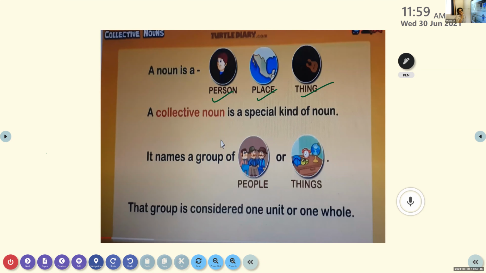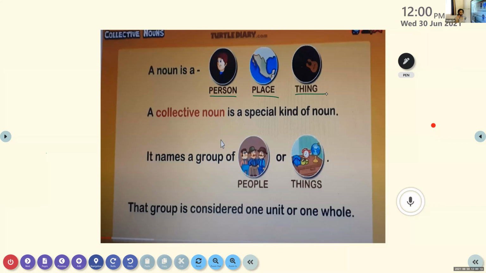So we know what a noun is. A noun is a word that names a person, place, animal, or a thing. Is that clear to all of you? Then we have learned about the common noun and the proper noun.